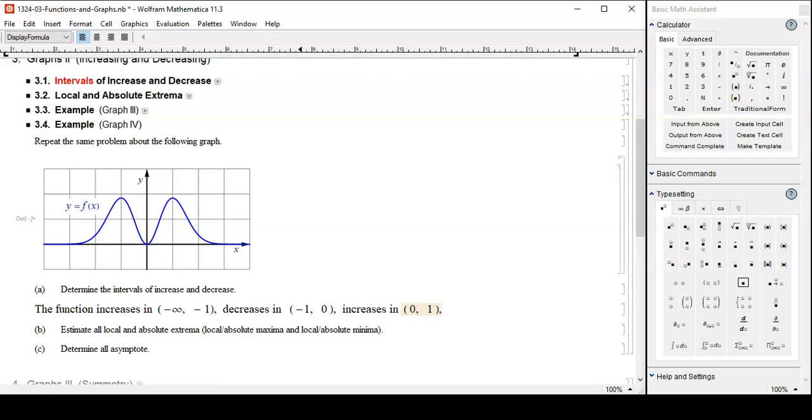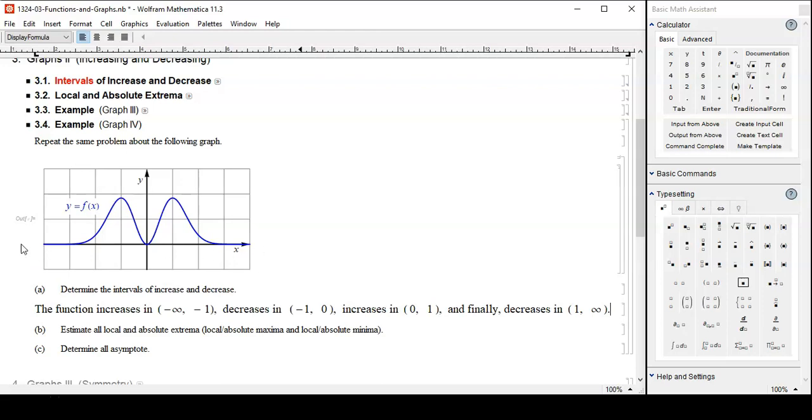Let's put some spaces. And finally, 1 to infinity. So I did not write anything about y coordinate. Just look at the x coordinate.